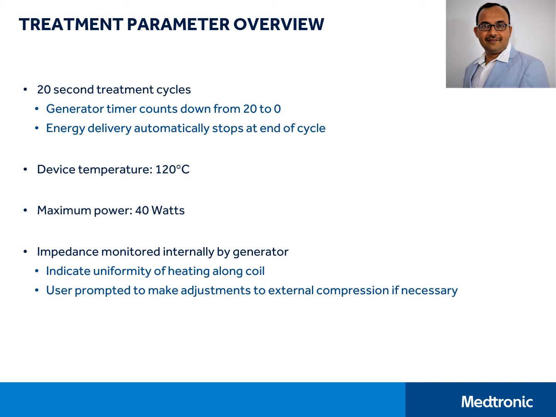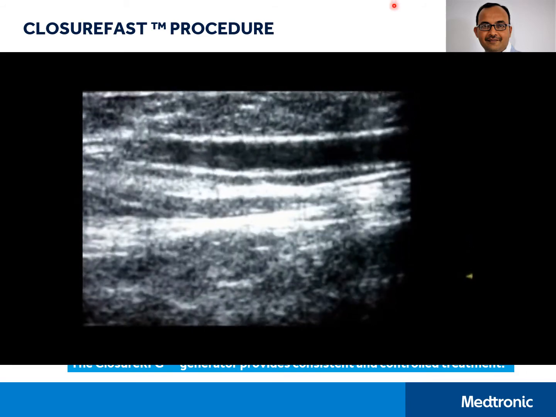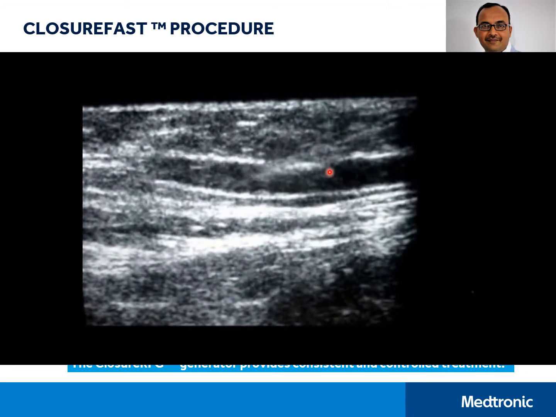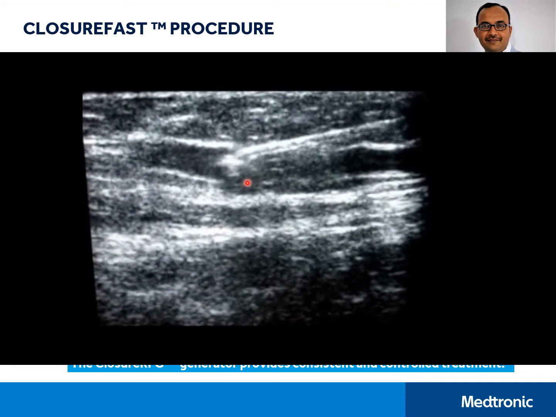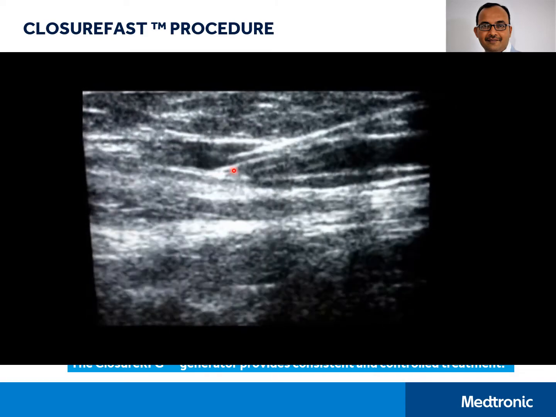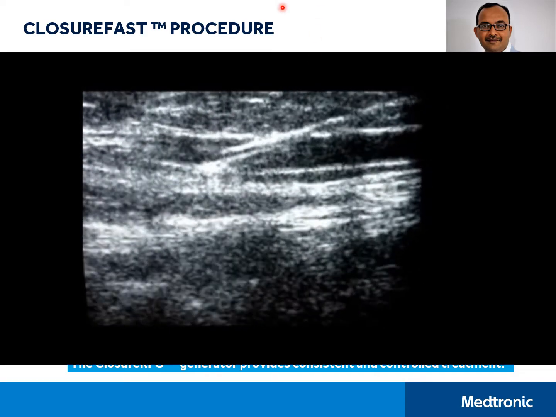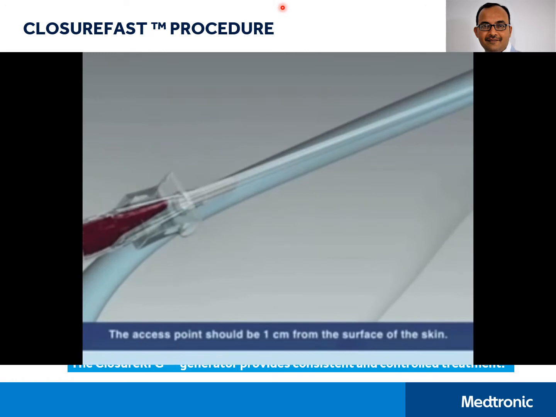So this is a pretty simple and easy device, and there is a small procedure video: under ultrasonography guidance, puncture the great saphenous vein, and through this puncture needle pass the guide wire.